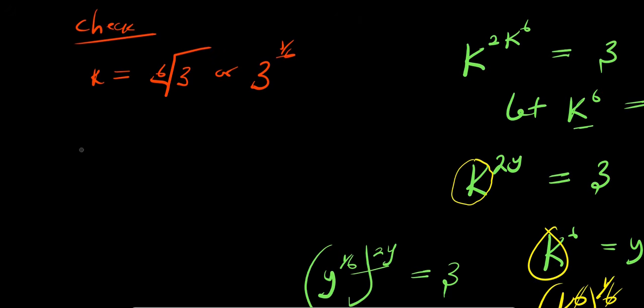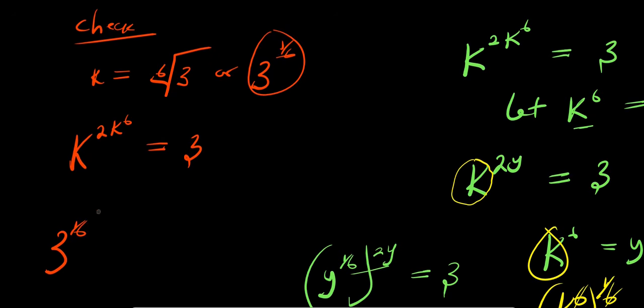So you have k power 2 times k power 6 equals 3, meaning that I'm going to substitute this for k. So I'm going to have 3 power 1 over 6, that's my k, and this is raised to the power of 2 times 3 power 1 over 6, that's my k again, to the power of 6. And this equals 3.